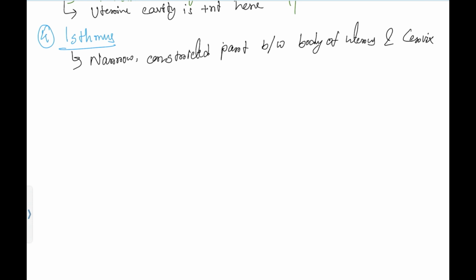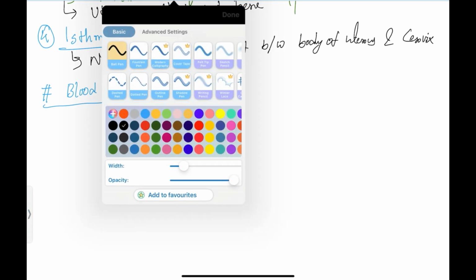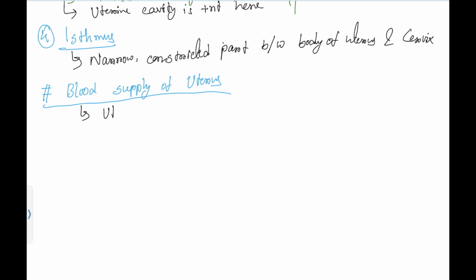Now another thing, the blood supply of the uterus. As this is the uterus, obviously it will be supplied by your uterine artery, the major blood supply.